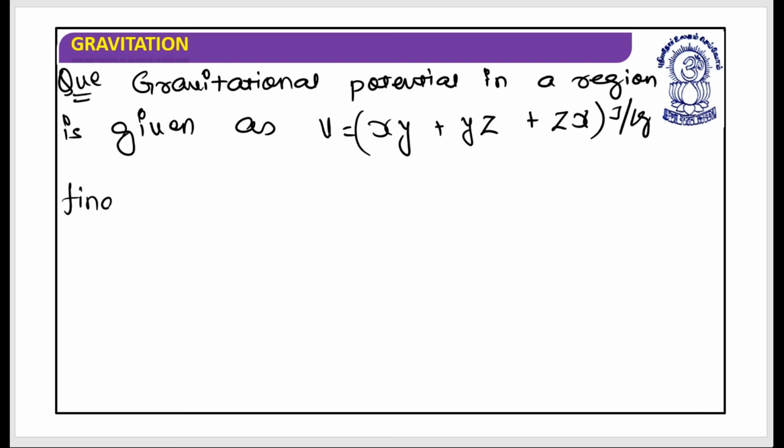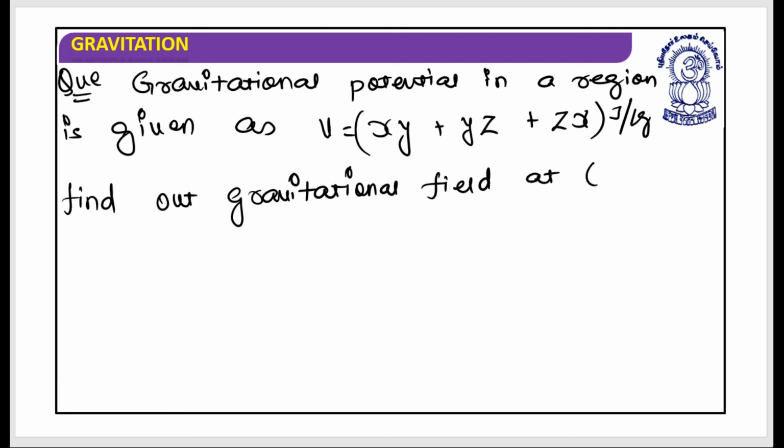Find out the gravitational field at (1, 1, 1).